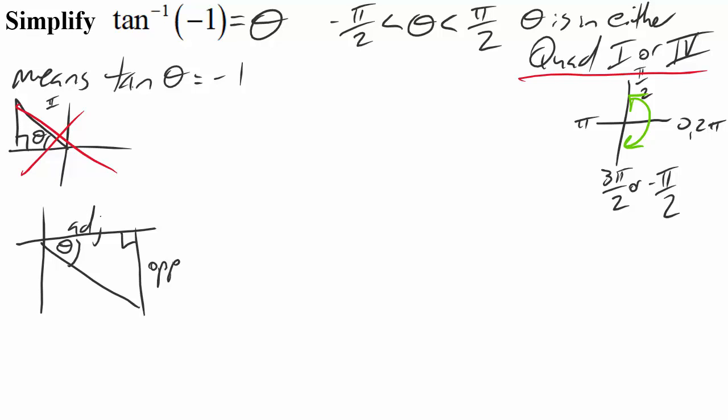So if we're going to get a 1 out of this, or admittedly a negative 1, but if it's going to give us a 1, that means that these two things here, the opposite and the adjacent side, have to be the same. The only time that happens is in a 45, 45, 90 right triangle.